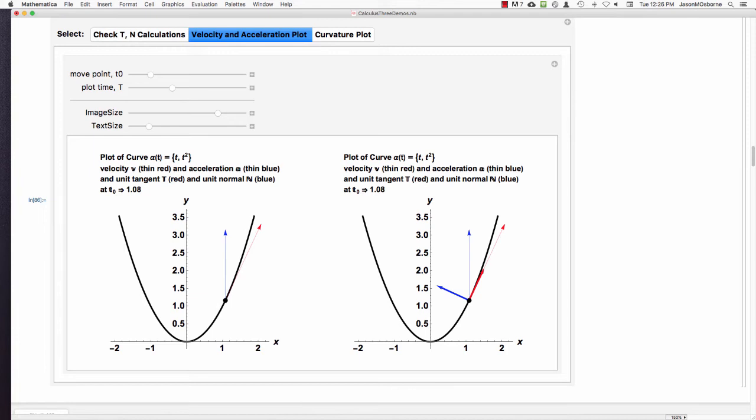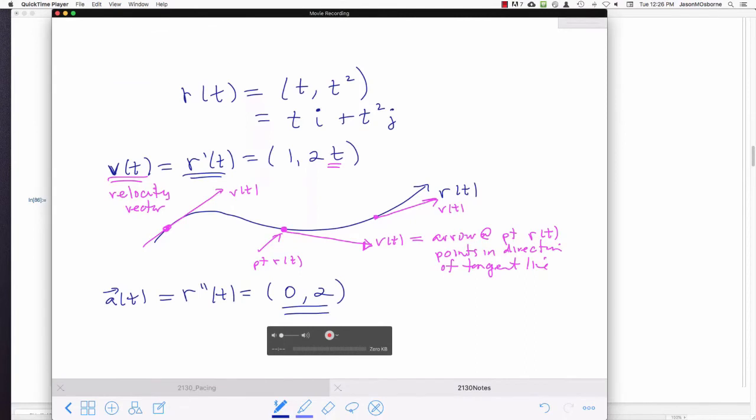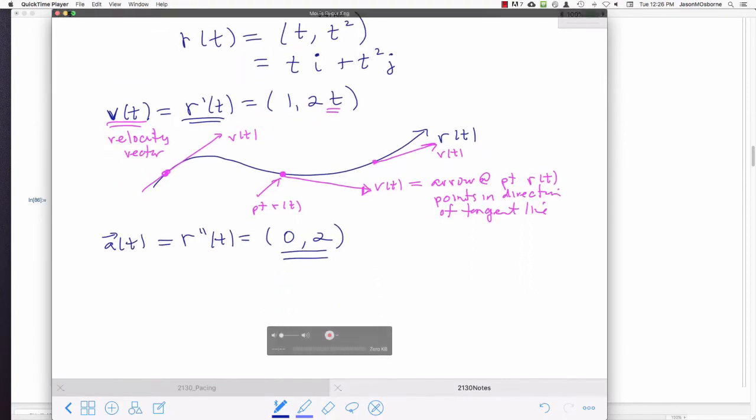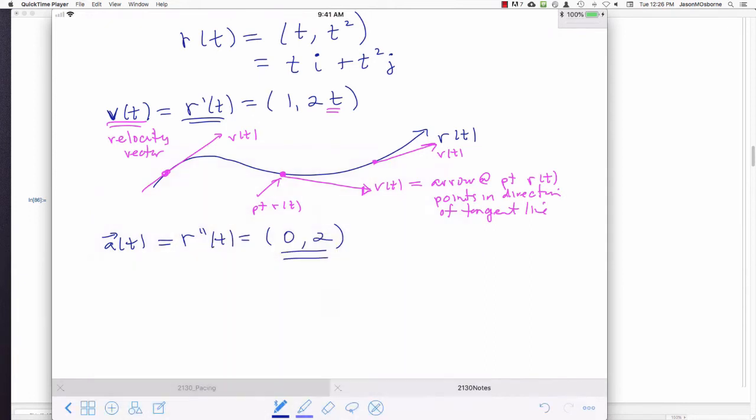So that's what we can see as an interpretation of the vectors t and n. Let me summarize here on a piece of paper. What we need to do next is to talk about the vectors t and n.